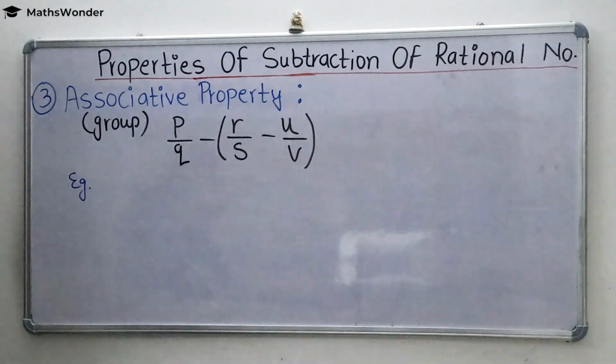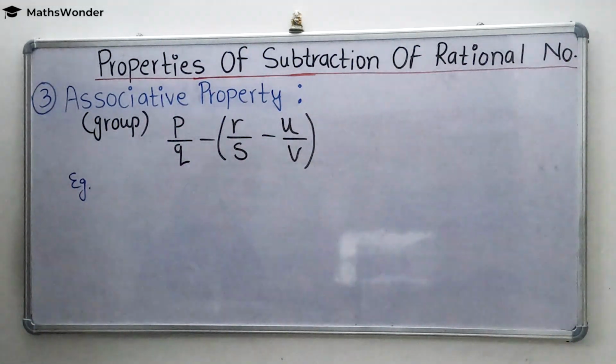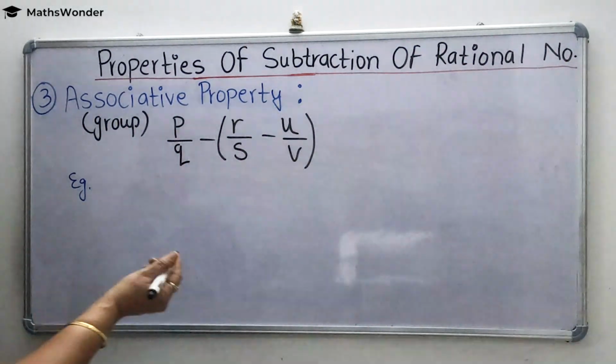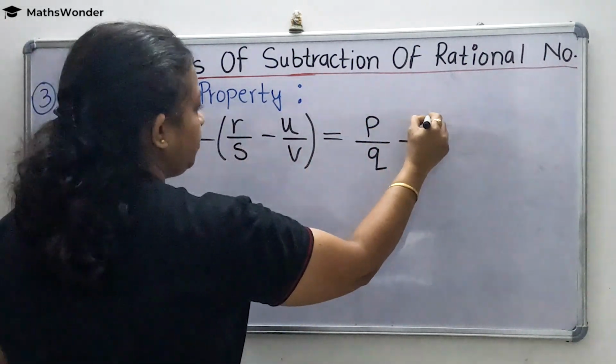For two rational numbers, where we change the order, we call it the commutative property. Associative is for two or more rational numbers, when you subtract or add them, we call it the associative property.